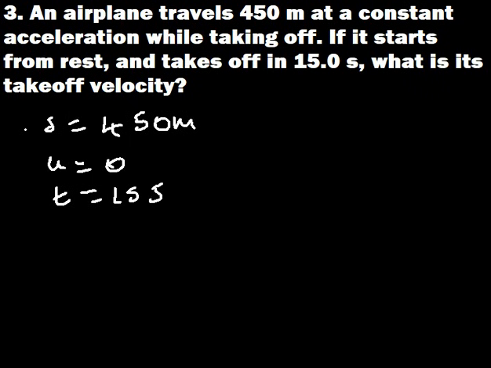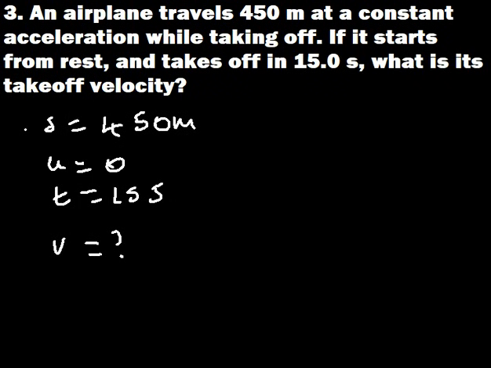So we should find the final velocity. How should you get the final velocity if that is the case? We have the displacement, initial velocity, and time, and how should you get the final velocity?